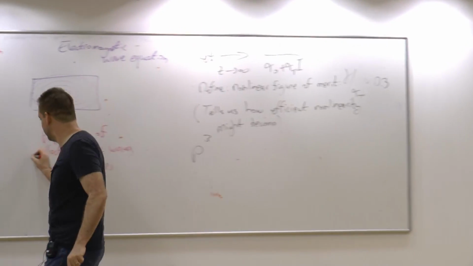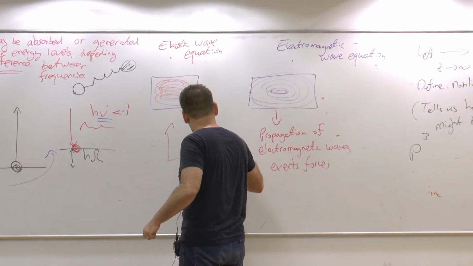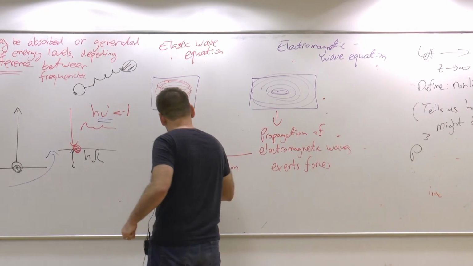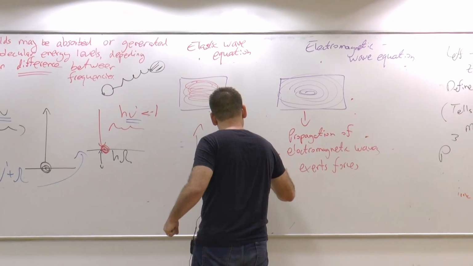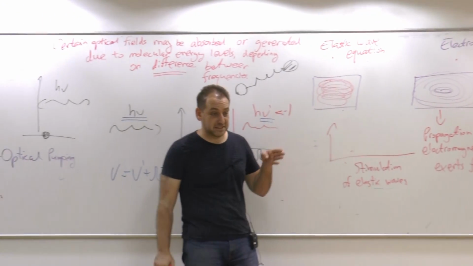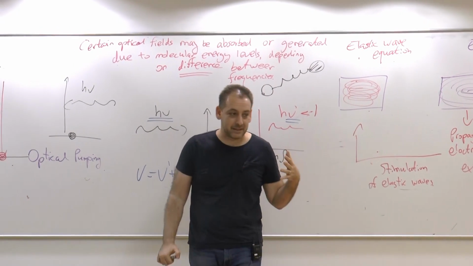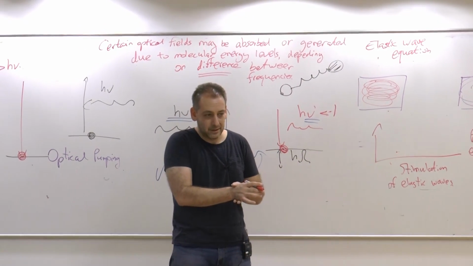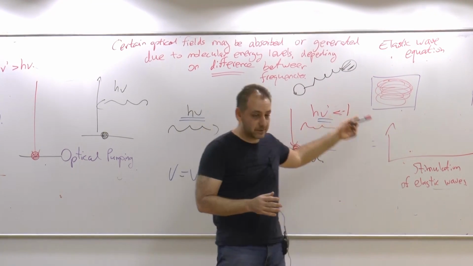So this will be stimulation of elastic waves. So I started with just sending light in, but maybe without even intending to do so, we found that we have excited elastic motion of the same structure.